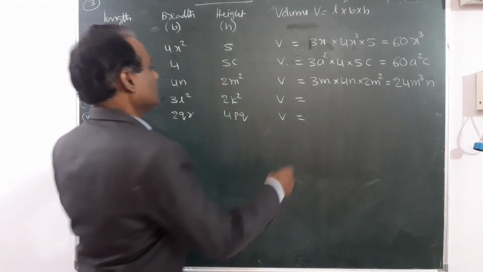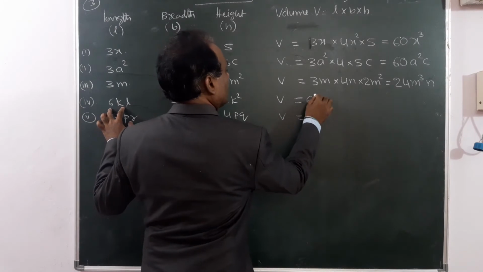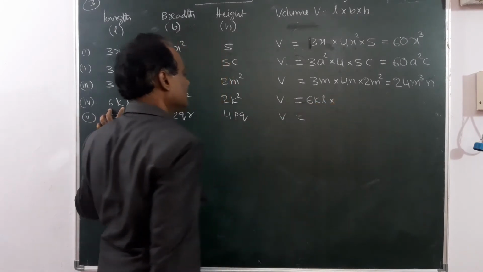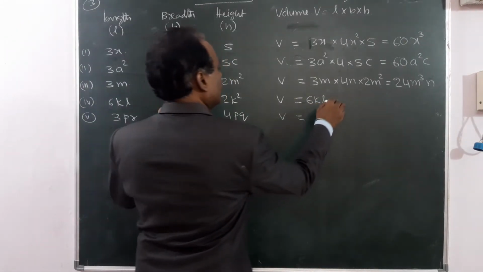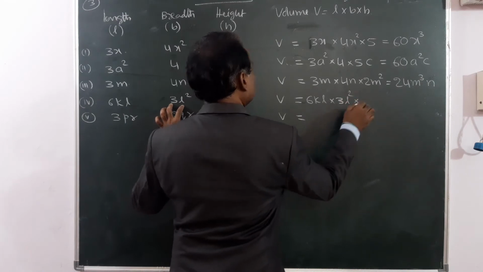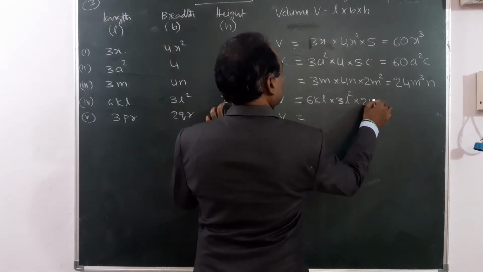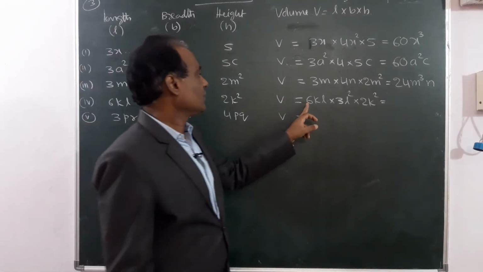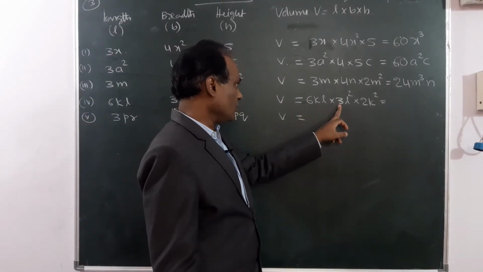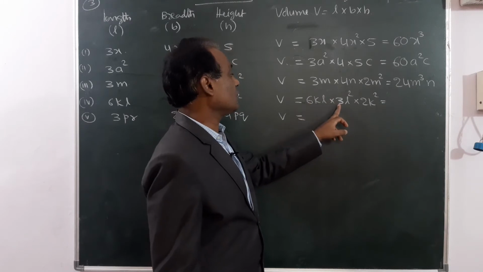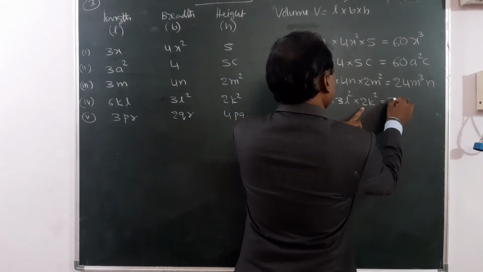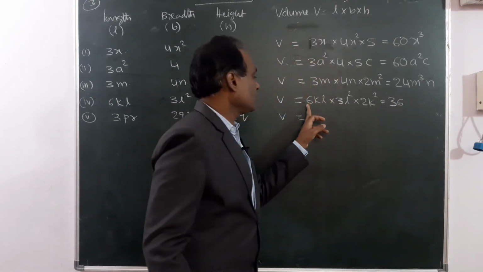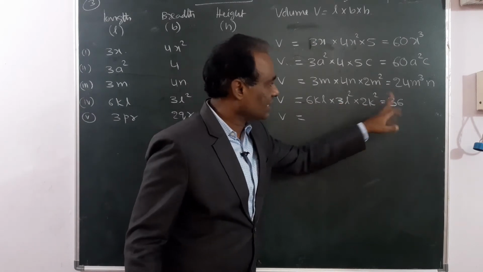Same. Next, 6kl, 3l square, 2k square. First multiply the constants. 6 into 3 is 18, 18 into 2 is 36.